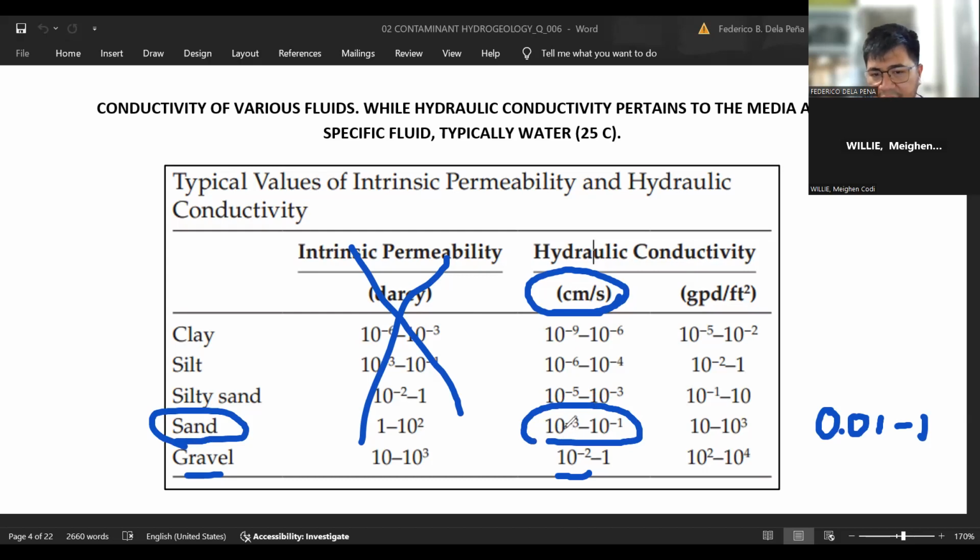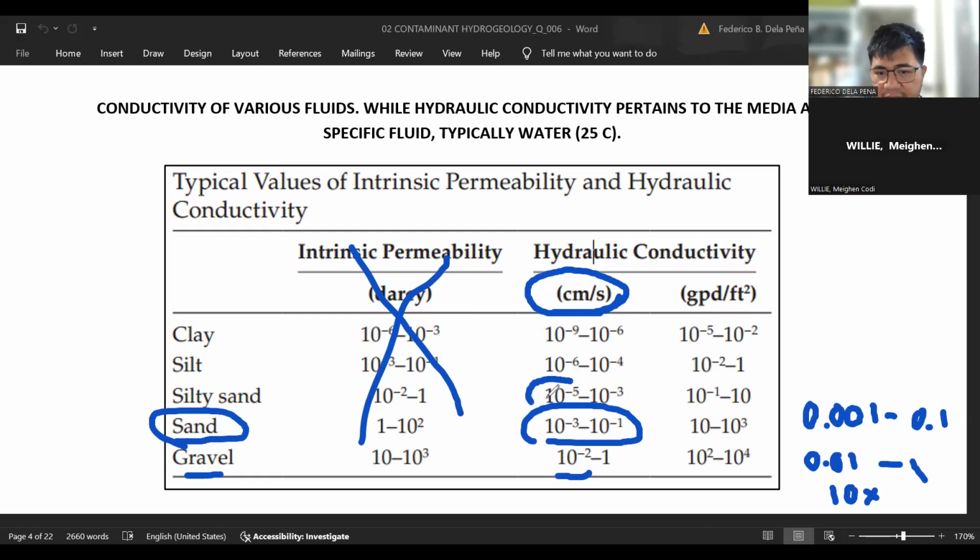In here, you have 10 to the negative 3, so that's like 0.001 to 0.1, as compared to the previous one. At least you can see here that going from gravel to sand, there was a decrease in hydraulic conductivity by a factor of 10.